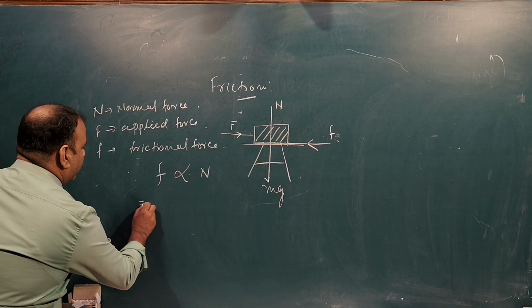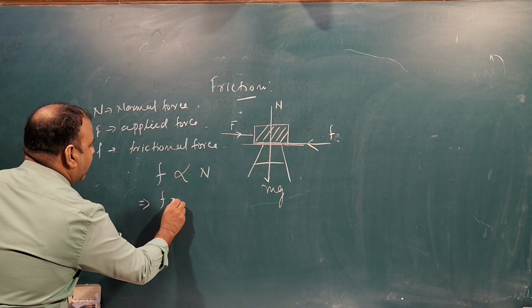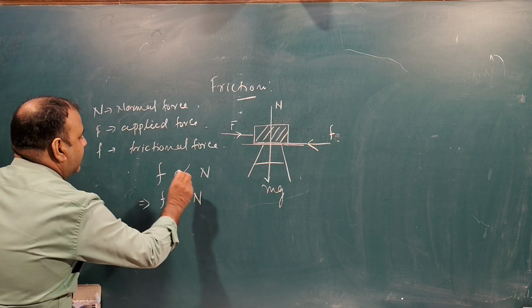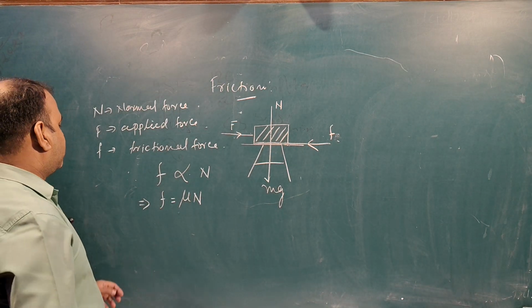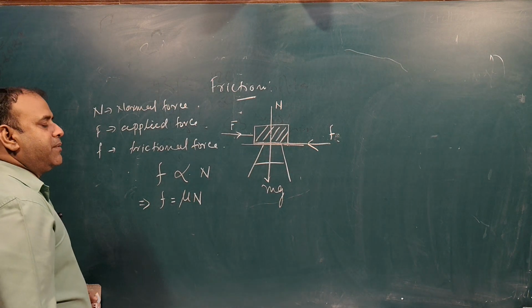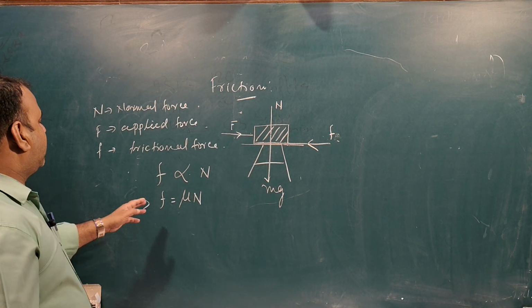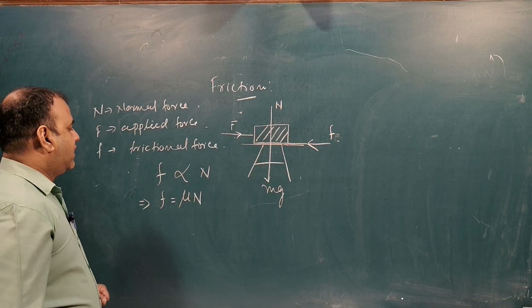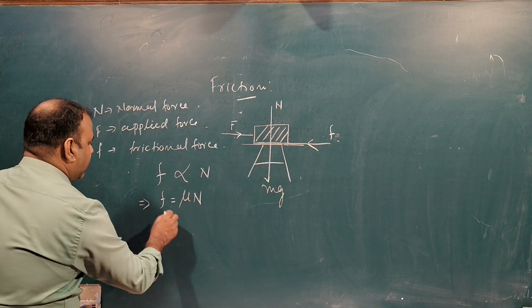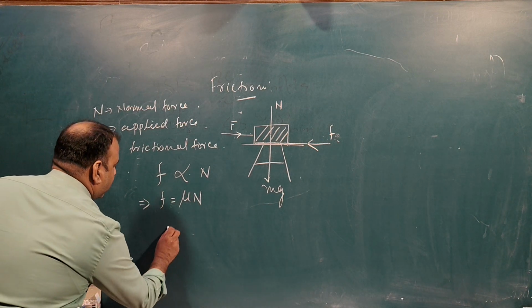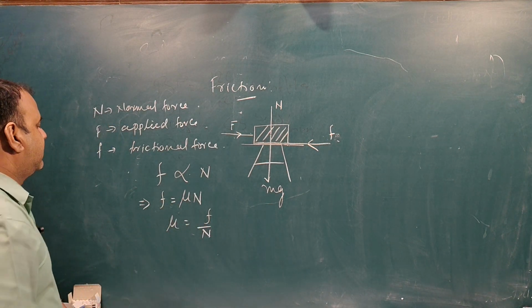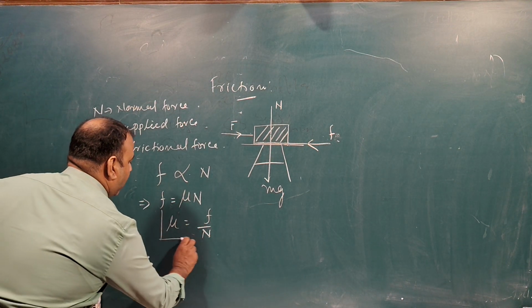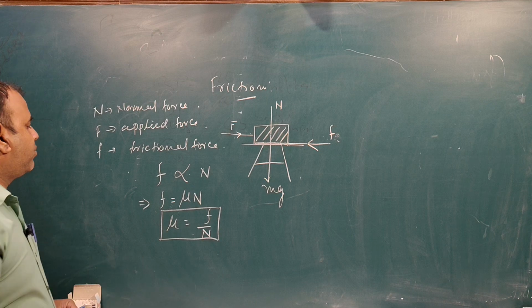Therefore we can write F is equal to mu N. Here mu is the coefficient of friction, you remember. So the formula is F equals mu N, or mu is equal to F by N. How do we define the coefficient of friction?